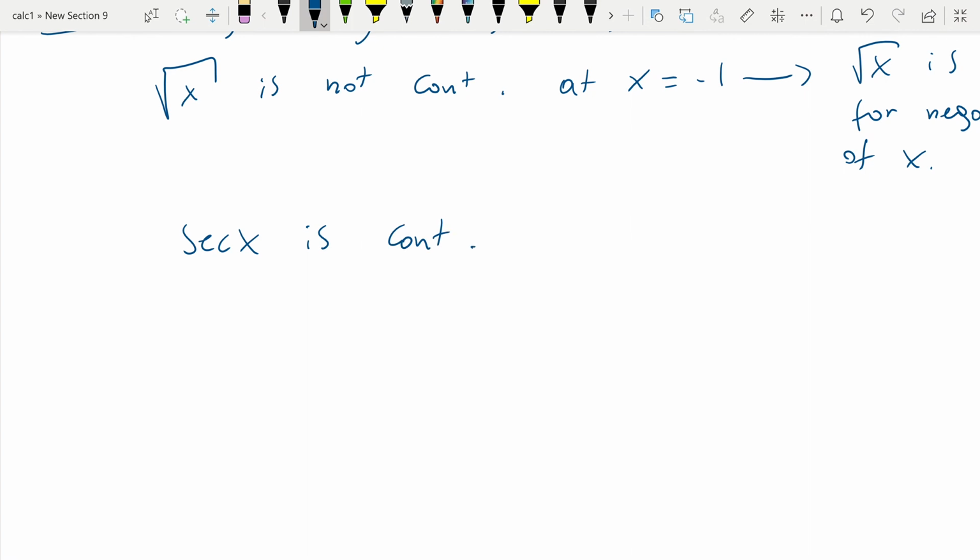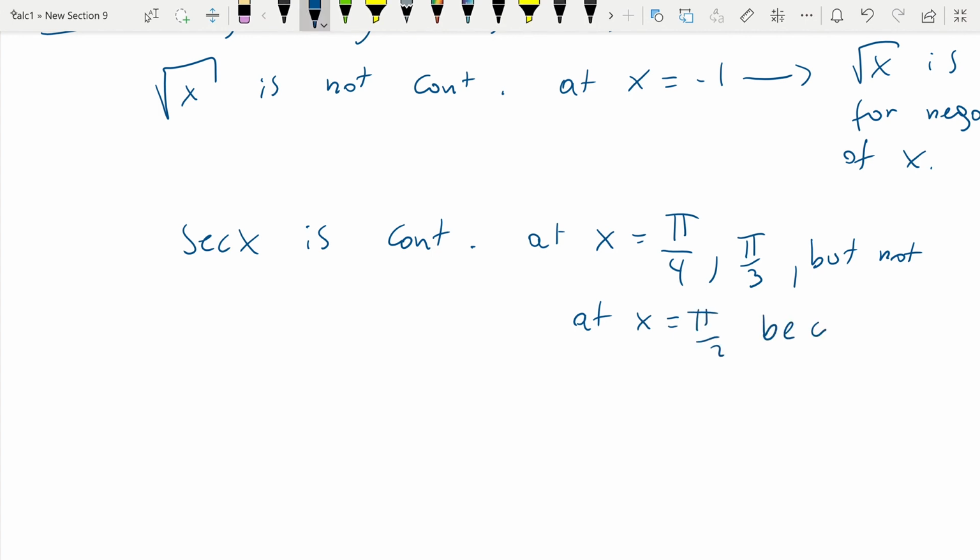Going back to the example that we discussed earlier, secant is continuous at x equal pi over 4, pi over 3, but not at x equal pi over 2, because secant of x is not defined there.